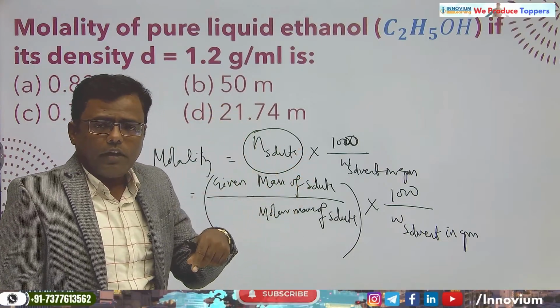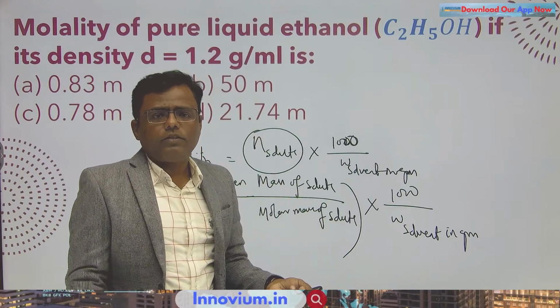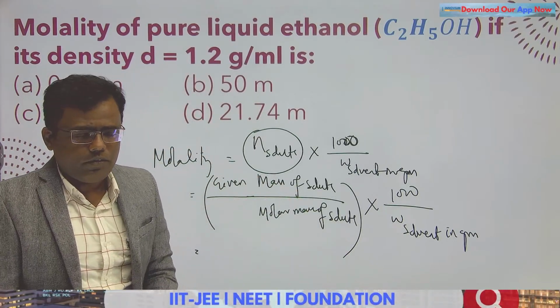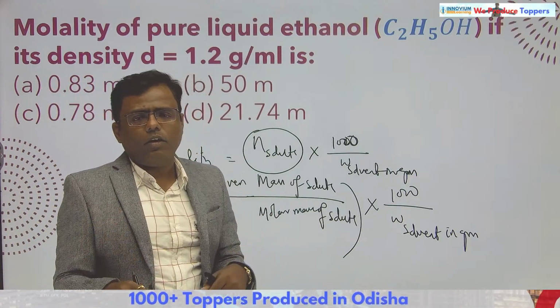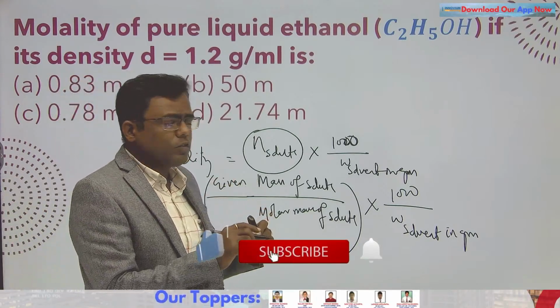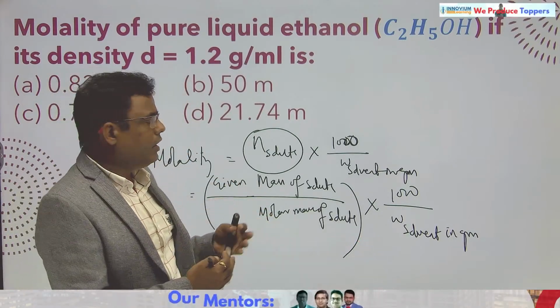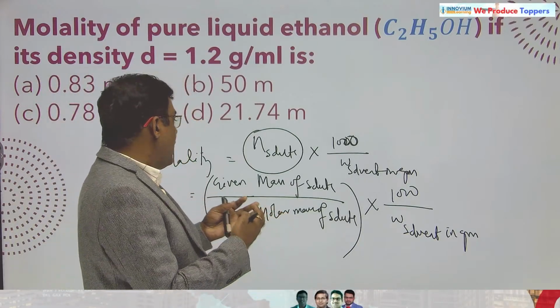That liquid, ethanol, will act as solvent as well as solute, meaning no additional solute is added in that liquid ethanol. That ethanol can be interpreted here as solvent, and it can also be interpreted as solute.